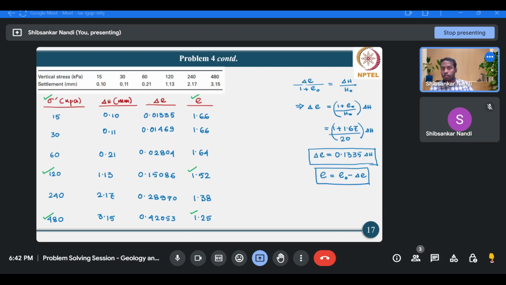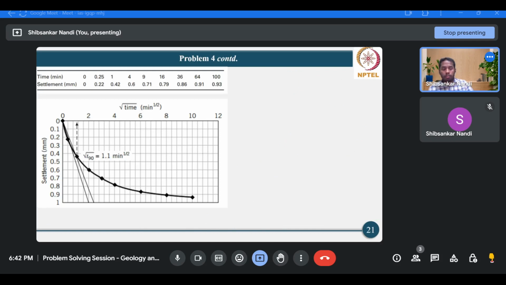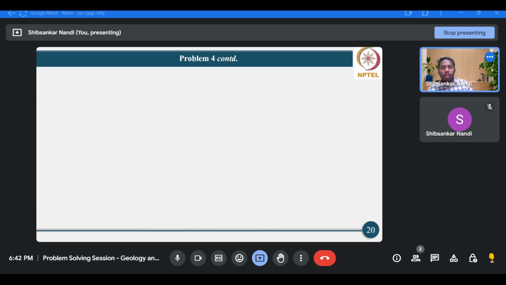So this is the clay layer. This is 3 meter thick. This is the fine grained soil. Now what is mentioned in the problem statement?